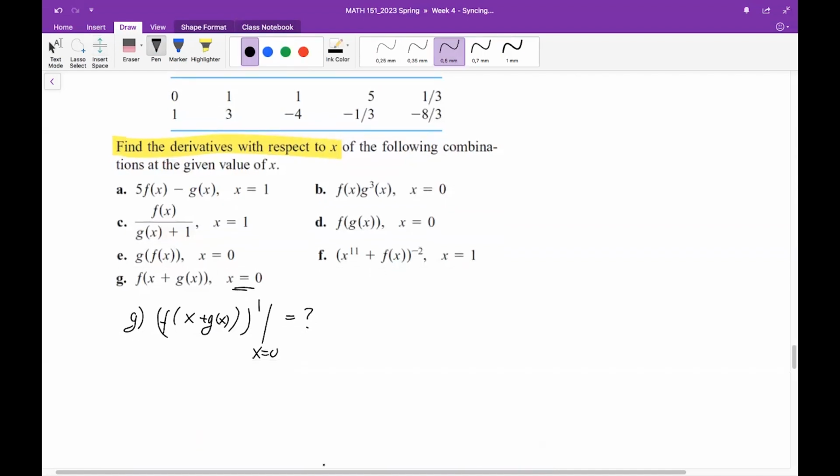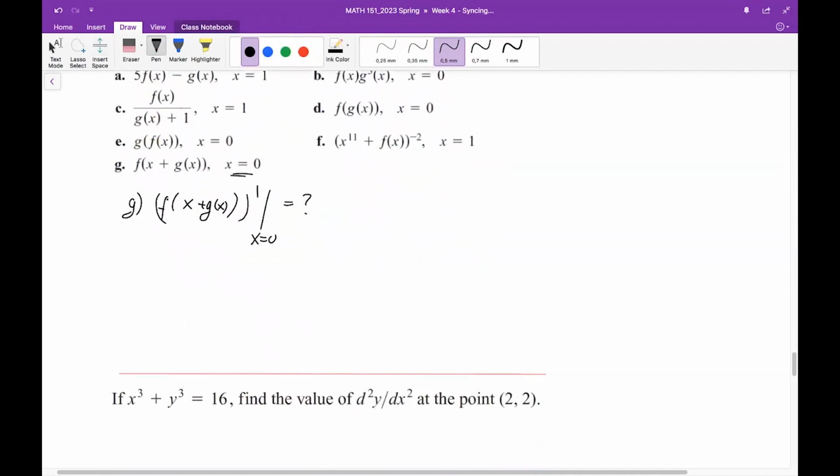So let's start applying the chain rule for taking the derivative of this expression. F of X plus G, I want to take the derivative of it, okay? The outermost function is F, so I will start by taking the derivative of the outermost function, F prime. According to the chain rule, I don't touch the inside part.